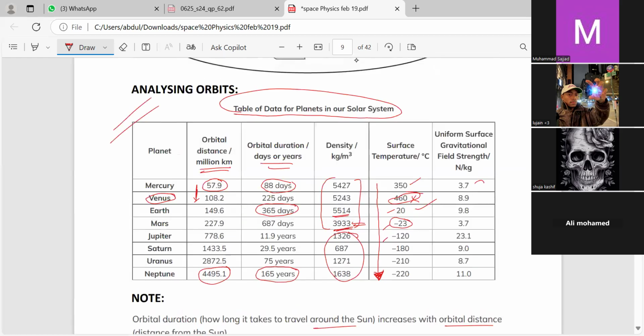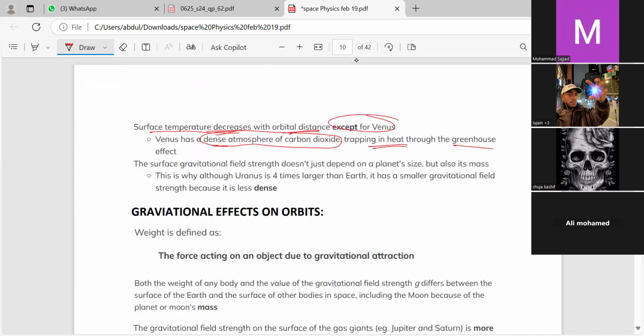See here, these are the gravitational field strengths, which is the value of g at different points. The surface gravitational field strength does not just depend on a planet's size but also its mass. So the value of g depends on the size of the planet and also the mass of the planet.